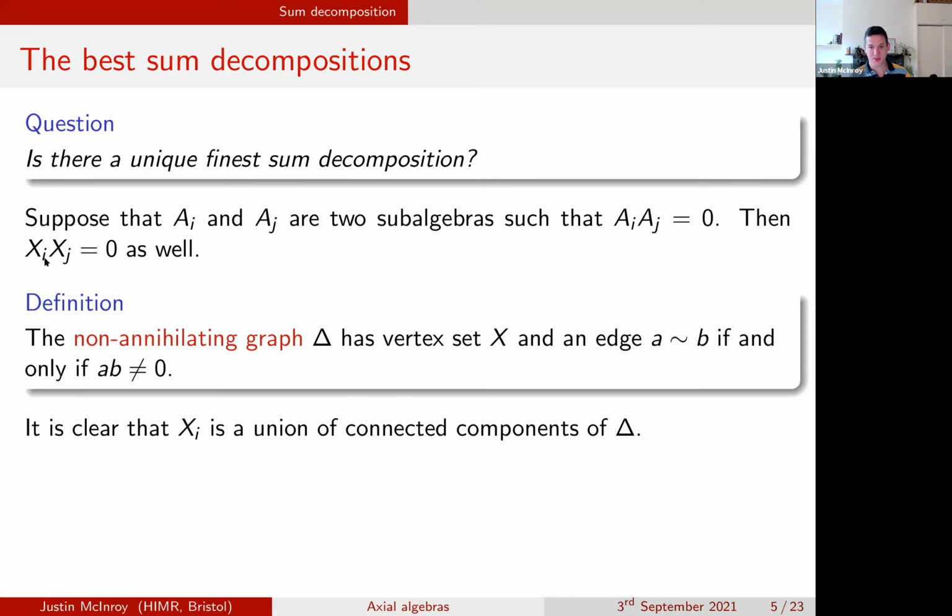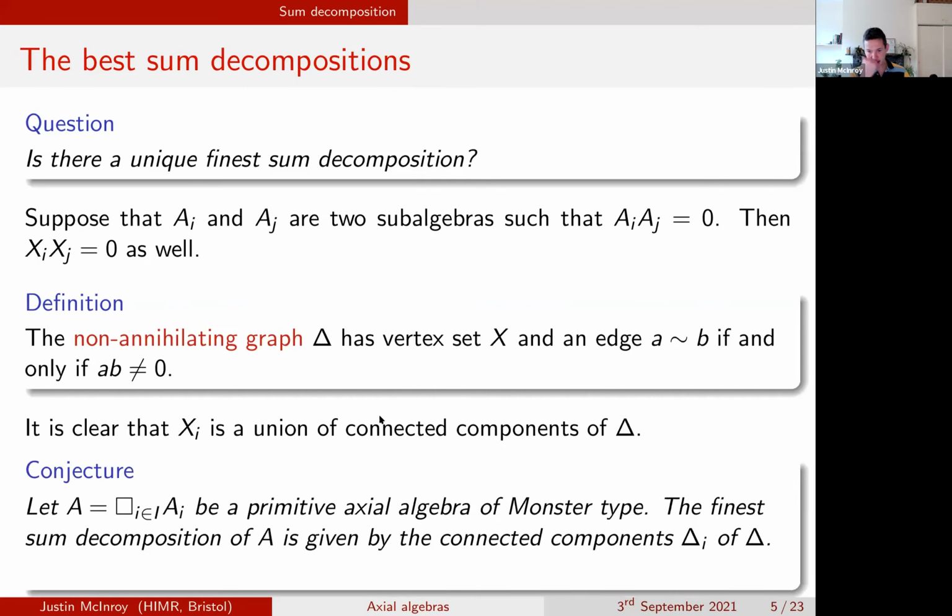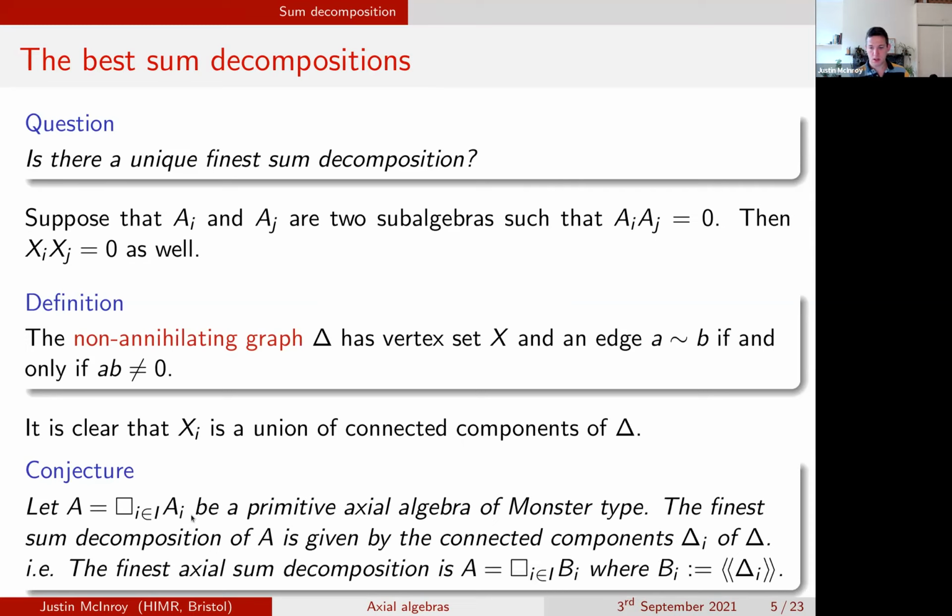Any two axes which don't annihilate each other lie in the same component. So the Xi's are a union of connected components. And so the conjecture is that the finest sum decomposition is given exactly by the connected components of the graph. That is just exactly what I said here.